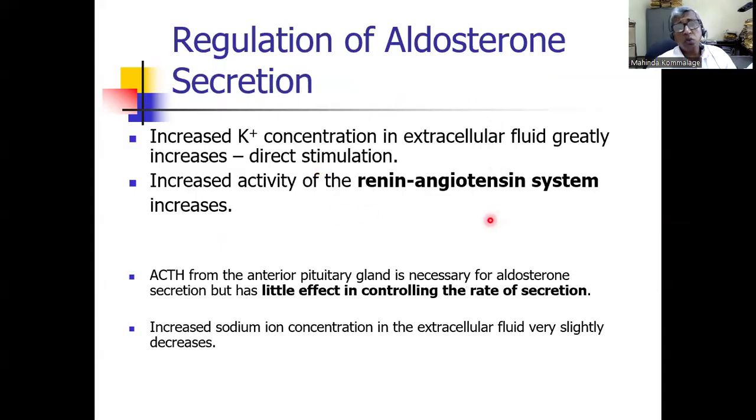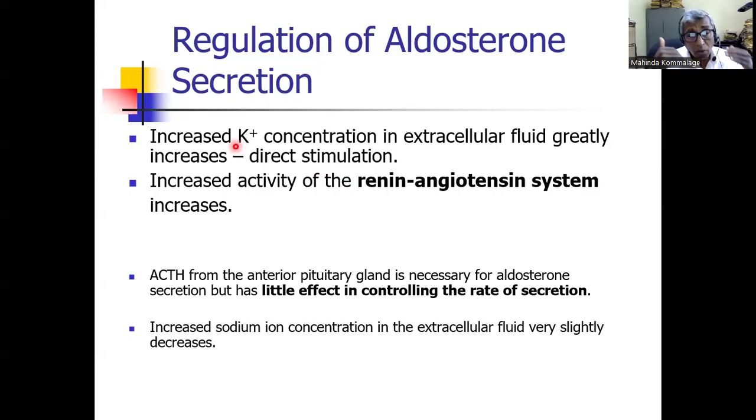Right? So regulation of aldosterone secretion, that is interesting. There are a few regulatory mechanisms. Aldosterone secretion from the adrenal cortex will increase with an increase of potassium concentration. You can understand, when the potassium concentration increases, we need to remove the potassium. Removal of potassium will be done by aldosterone when it exchanges for sodium.